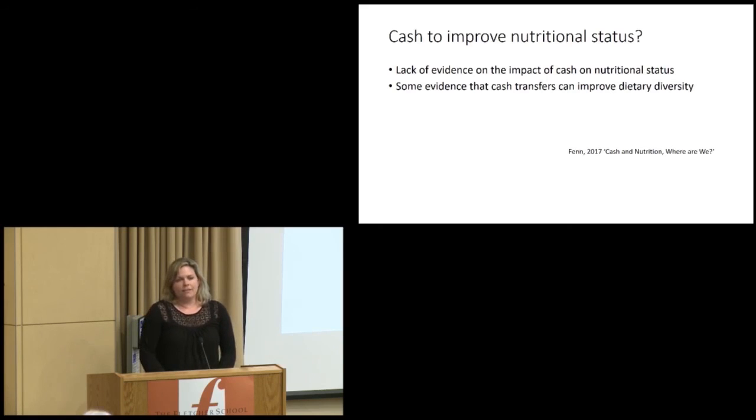However, there's still research ongoing, and some of those studies have shown that cash transfers can improve dietary diversity, and also adding cash to treatment of acute malnutrition can have the knock-on effect of having better and more sustained outcomes. So maybe it doesn't actually treat acute malnutrition, but having a cash transfer in addition to other types of programming, maybe children are less likely to relapse, for example, to become malnourished again.